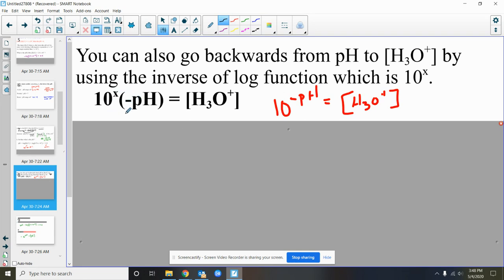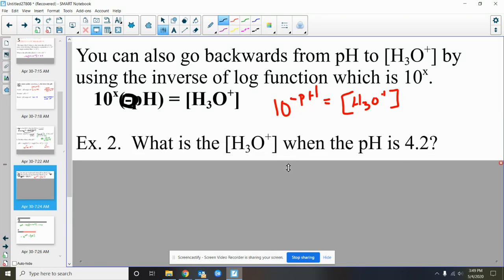Okay, and this is the big thing right here that a lot of people forget to do. You need to type in the negative pH. So you're going to do the inverse log of the negative pH, and that's going to give you your hydronium content. Okay, so here's an example. What is my hydronium when the pH is 4.2? Okay, so in your calculator, you're going to plug in second log.